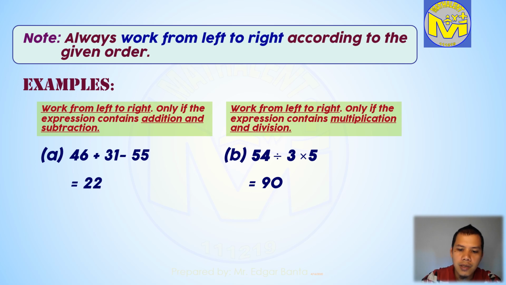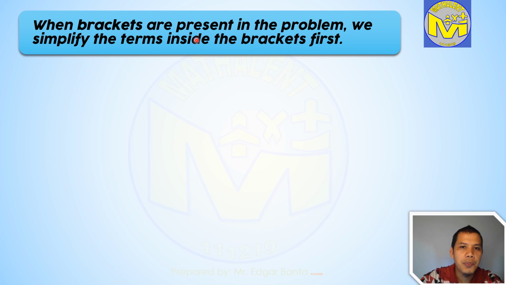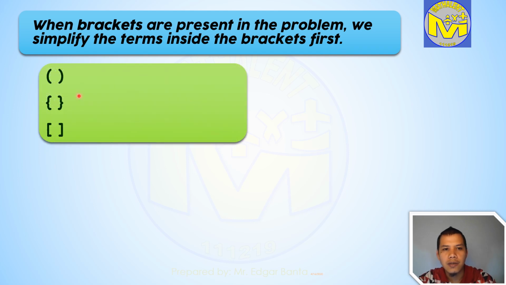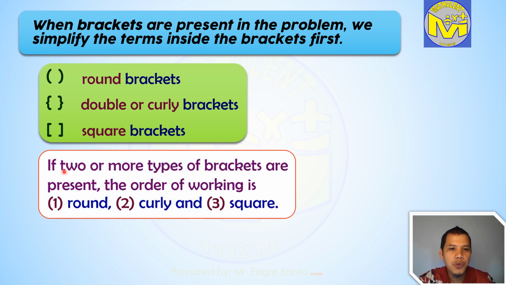Okay, next, another rule. When brackets are present in the problem, we simplify the terms inside the brackets first. Okay, types of brackets: we have round brackets, we have curly brackets, we have square brackets. If two or more types of brackets are present, the order of working is first round.